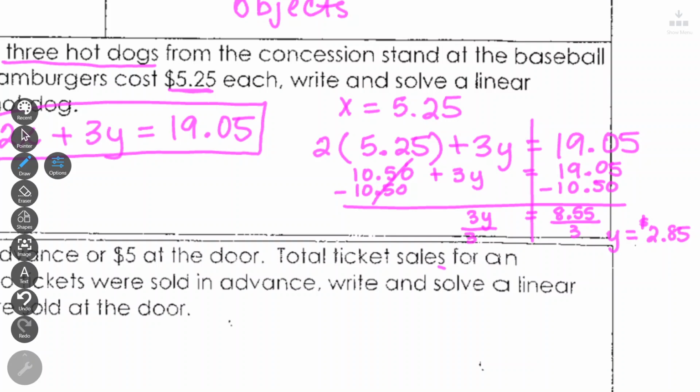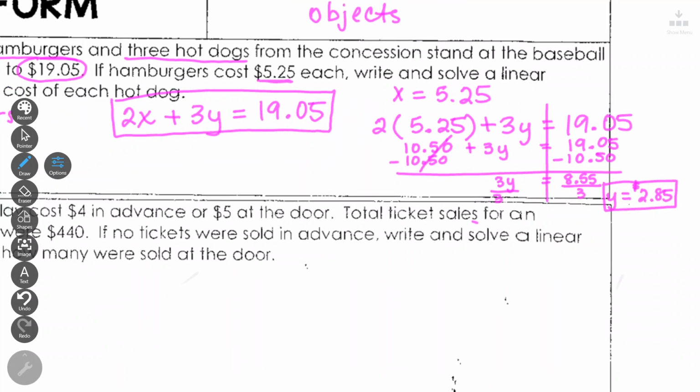It wanted to know how much a hot dog would cost. A hot dog would cost $2.85. So that's the second part. Remember, the cost of the hamburger was the x, and the cost of the hot dog is the y.